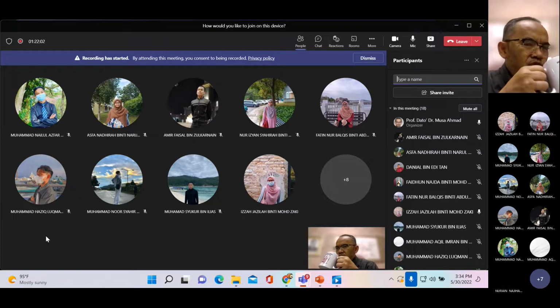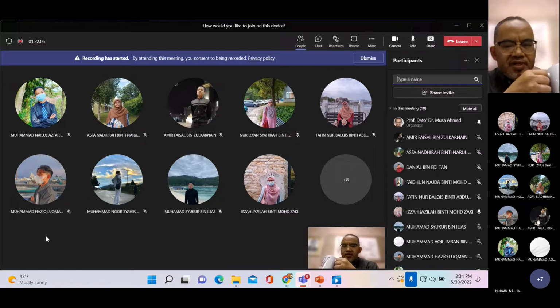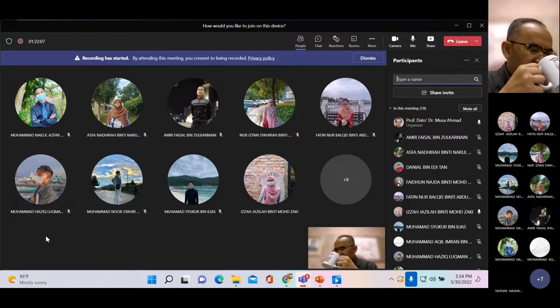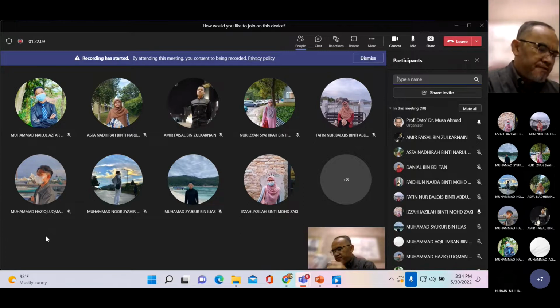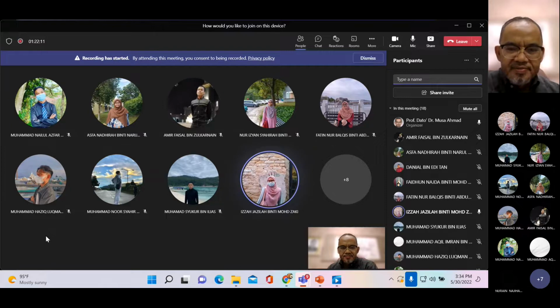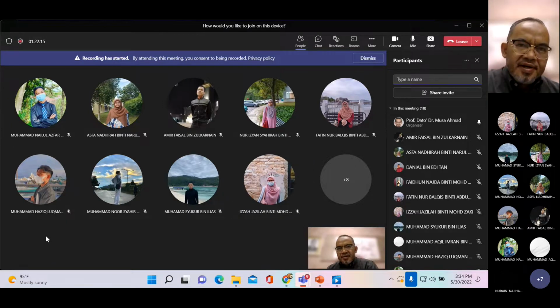Adakah semua molekul boleh menyerap foton? Soalannya. Boleh. Okey. Macam tu ayah ada narrow downkan sikit. Adakah semua molekul boleh menyerap foton dalam julat UV dan visible? Tak boleh.